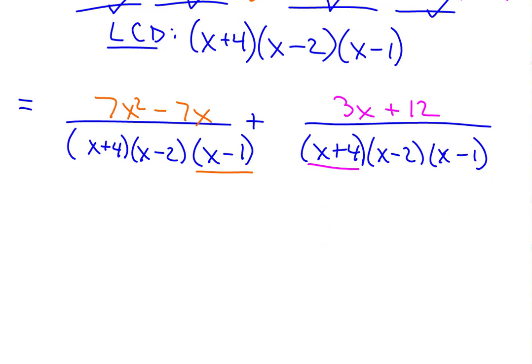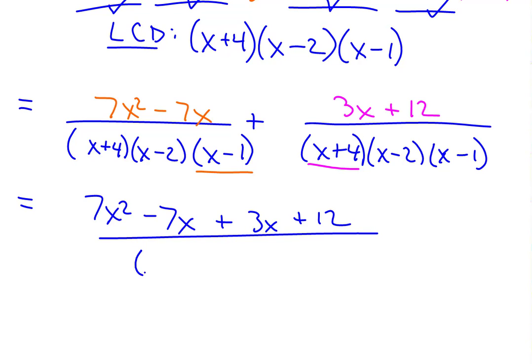But the good news is now that we have a common denominator in place, and so to do this arithmetic, we'll simply add across the top. We're adding these fractions, which really means combining like terms. So let's rewrite this all out again. This is really 7x squared minus 7x. Then really there's a plus 3x and then a plus 12.